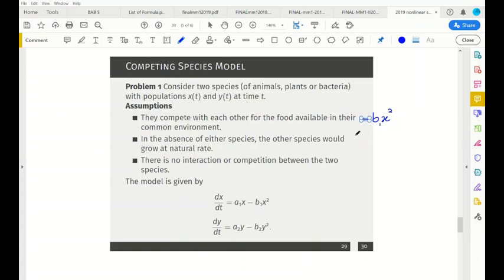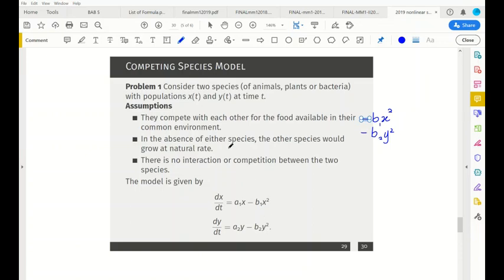The species y competes with another y species. There will be competition between y and another y. So that's why we have the negative term. Negative means the population may decline. y squared is the interaction between the two same species y.